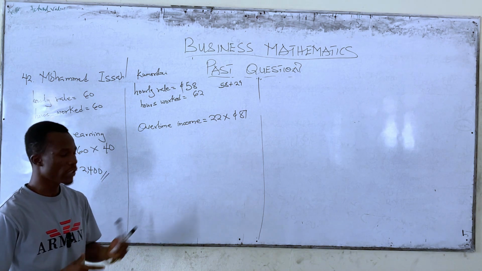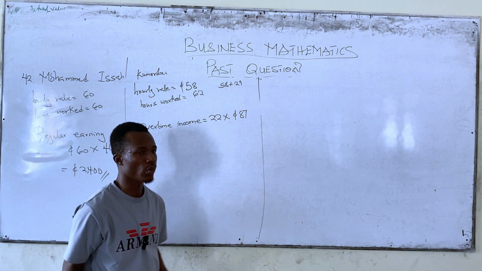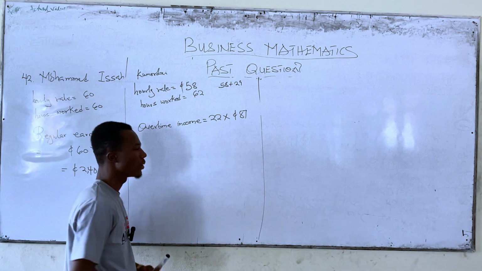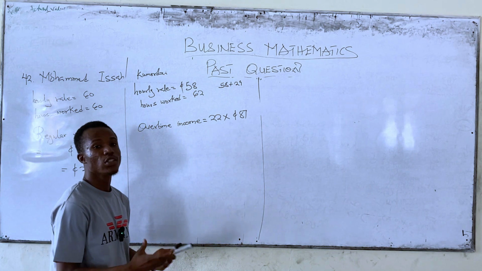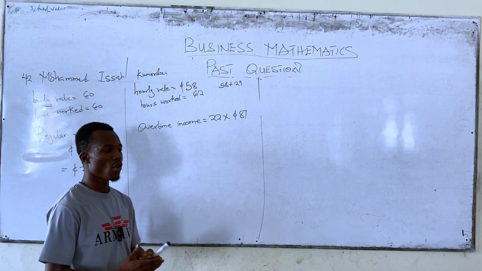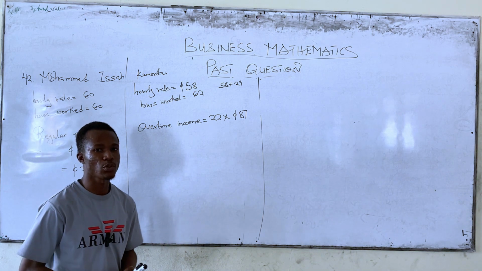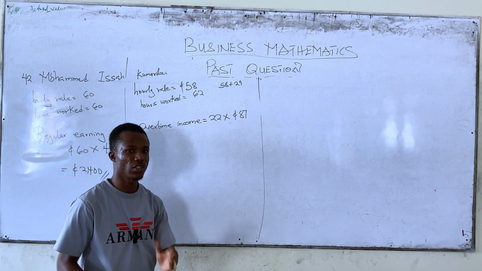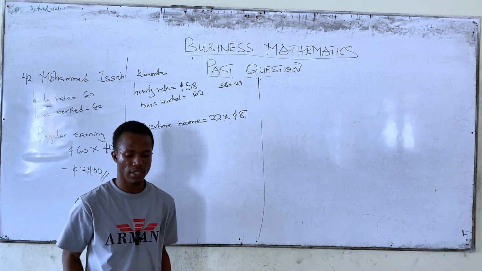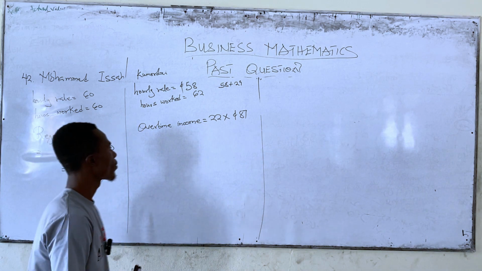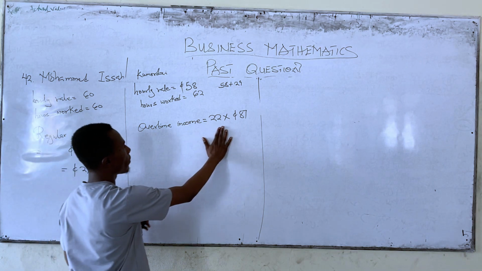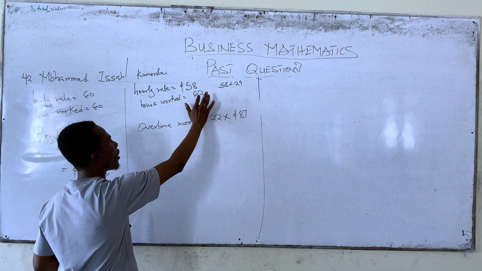But let's solve it according to how the question is. So we are solving overtime income. Sometimes I solve it more simply with you so that when you get to the exam and you see it this way, you won't struggle. Let's go by it as it is in the question. So overtime income, we have our overtime rate.